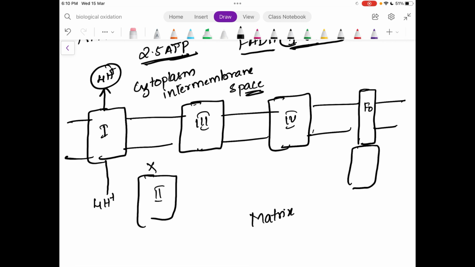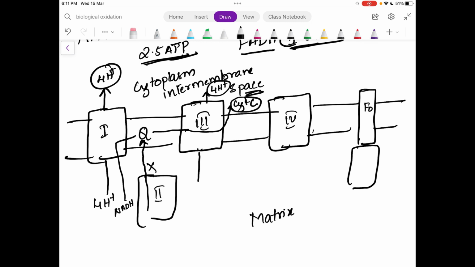Okay, no protons, and electrons are transported to Q. Electrons are transported from NADH to Q. From here FADH will transport to Q directly, and these electrons are passed to complex 3, and from complex 3 the electrons are passed to cytochrome C, and from complex 3 you will pass 4 protons.